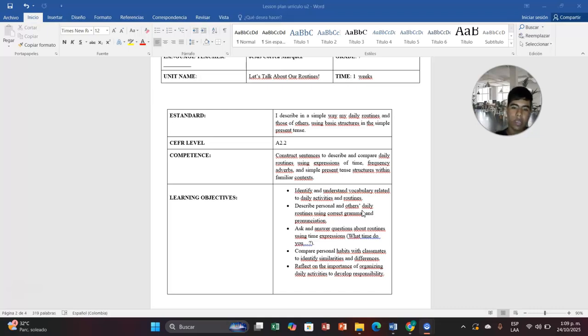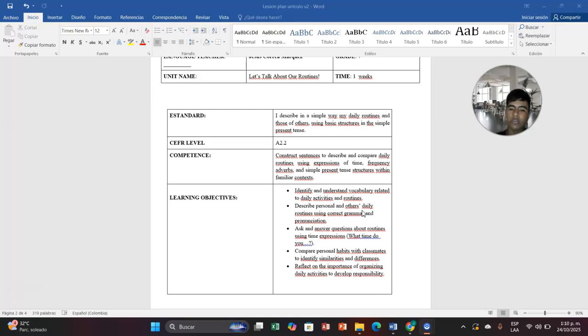We have to add the letter S, or add es. Those rules are pretty important for students to know when they are learning simple present or routines, because they have to change the verbs for those subject pronouns that are in third person. And of course, the pronunciation also changes a little bit.